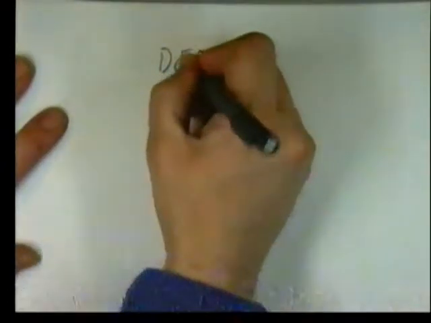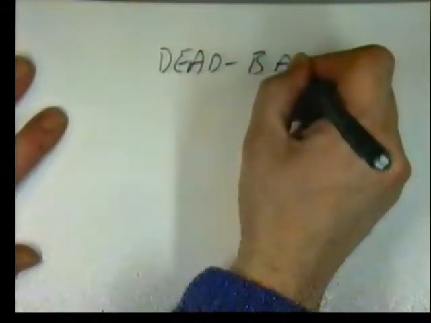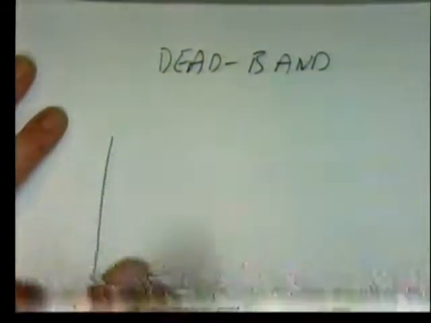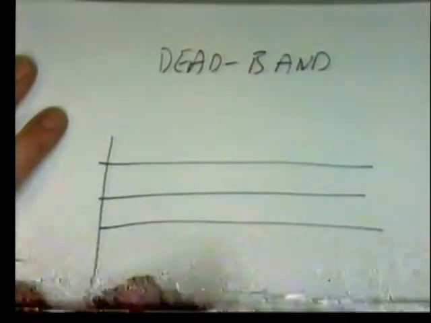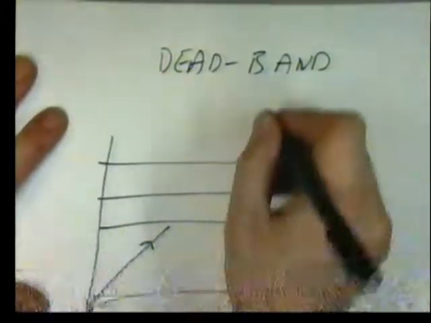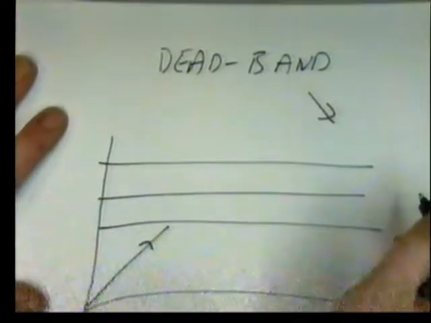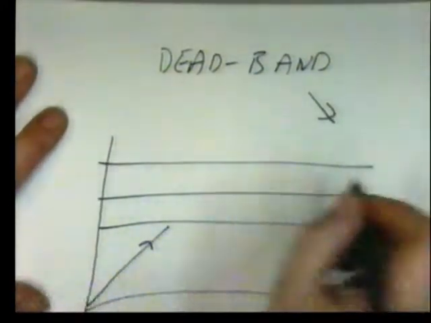A dead band is used only when you have a bidirectional system. That is, you have the ability to both drive up and to drive down mechanically or with some motor or heating or cooling system.